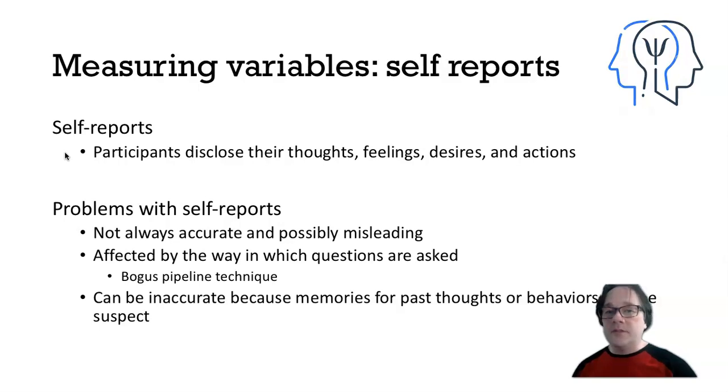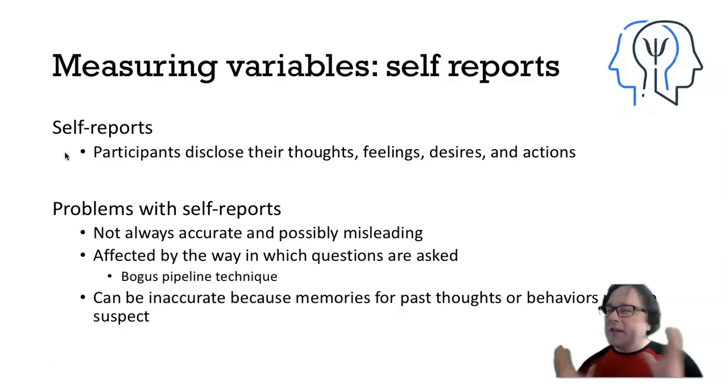There are some problems with self-reports. There are lots of benefits. It's very quick, very cheap. You get a lot of data from these self-reports. The problem is that they're not always entirely accurate, and sometimes they can be misleading, depending on how you ask a question.